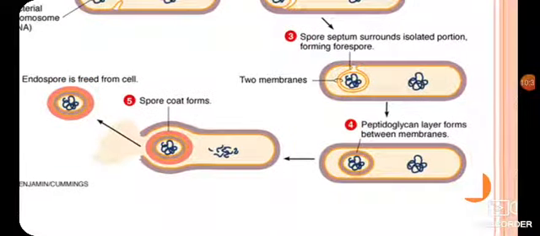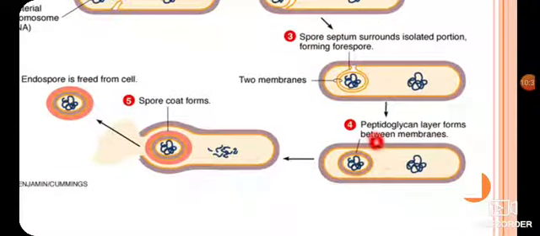Now here in step number 4, we can easily identify the peptidoglycan layer formed between these membranes. Now two layers are formed, and again that individual spore comes into the basic cell, and it will form another layer.